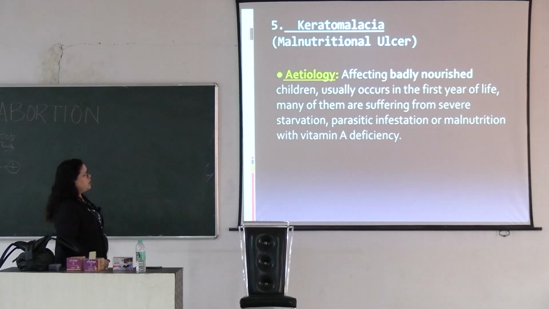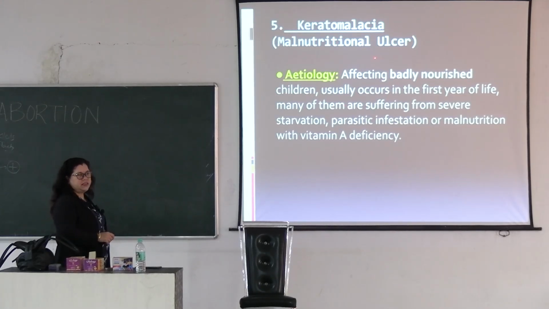Then keratomalacia. Keratomalacia is also called nutritional ulcer. It mainly affects malnourished patients and affects children in the first year.